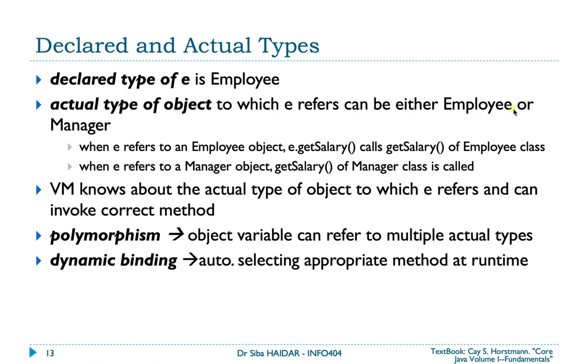Because the employee variable can reference an instance of type manager or employee. So the virtual machine knows about the actual type of the object. Why? Because the object was created using a constructor, and the constructor specified which object was created, to which E refers, and the virtual machine can invoke the correct method.